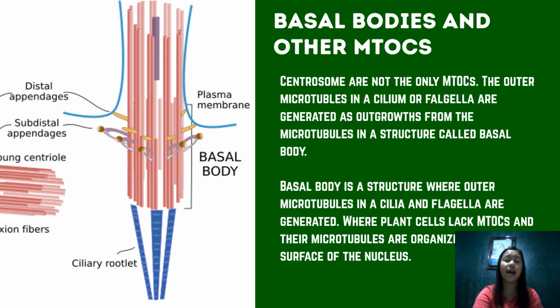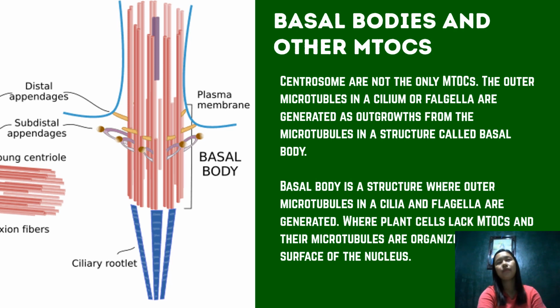Sunod naman na ang centrosomes are not exclusively microtubule organizing centers in cells. So cilia and flagella's outer microtubules originate from structures called basal bodies situated at their base. So basal bodies nag-share siya ng identity with centrioles at pwede silang magpalit, or they are interchangeably transformed into centrioles.